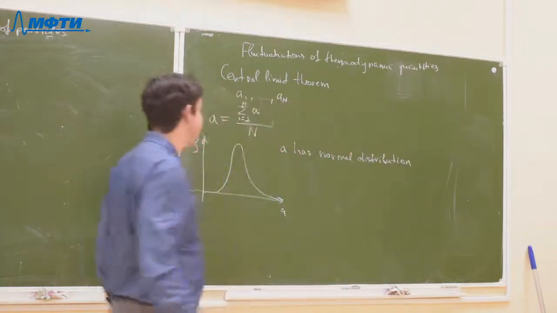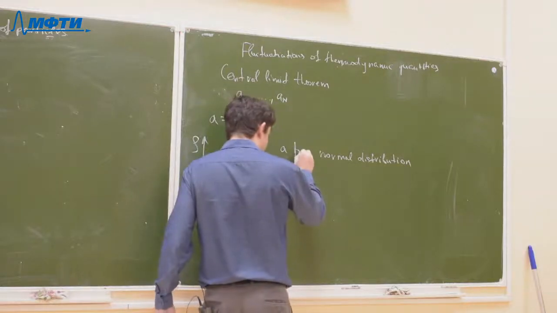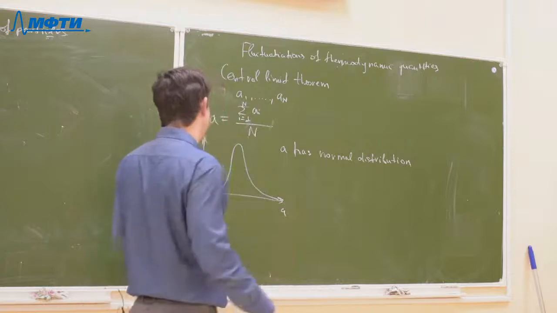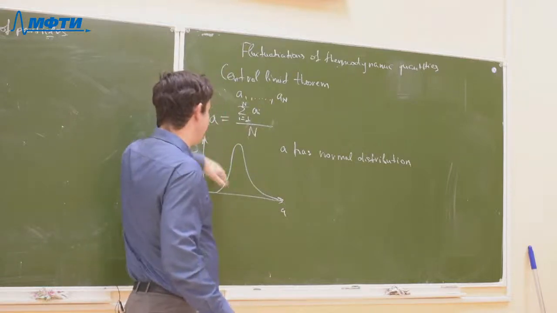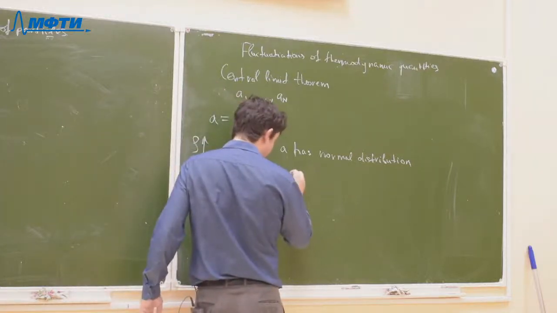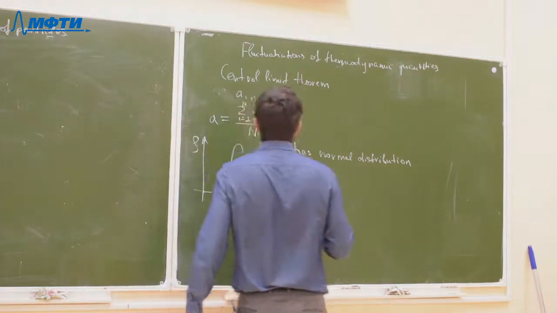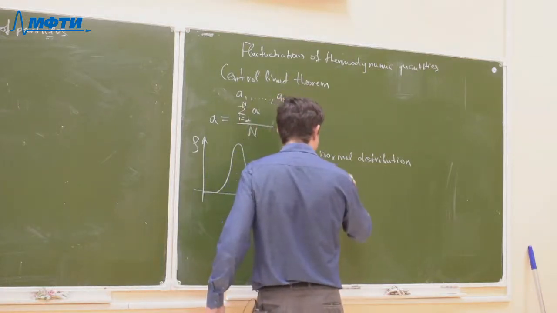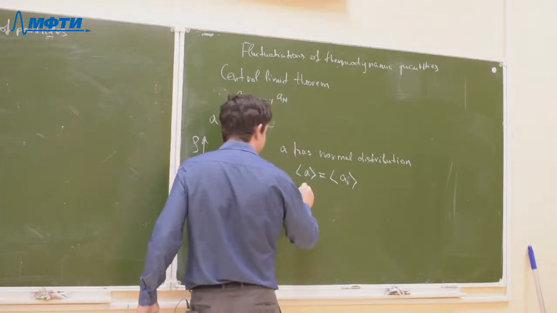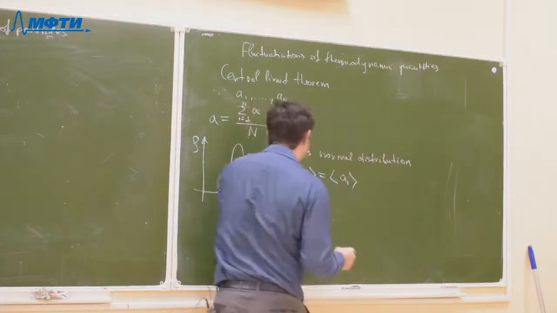And moreover, we can calculate the average value of A and its standard deviation using the following formulas. Okay, for the standard deviation.